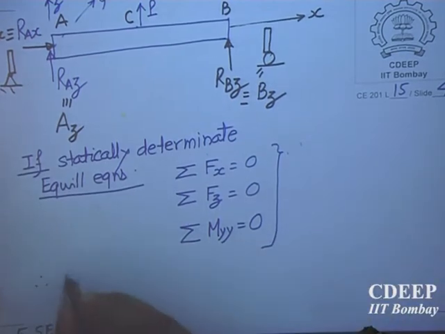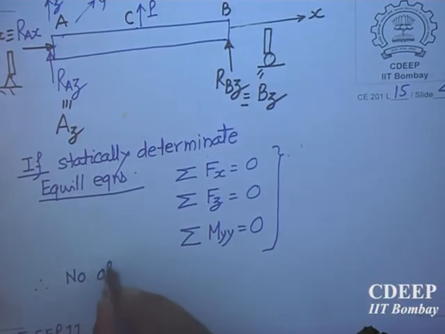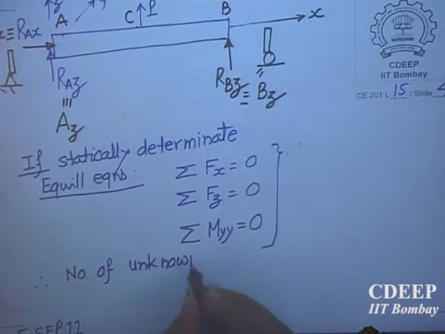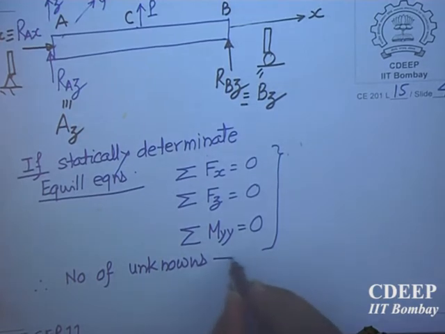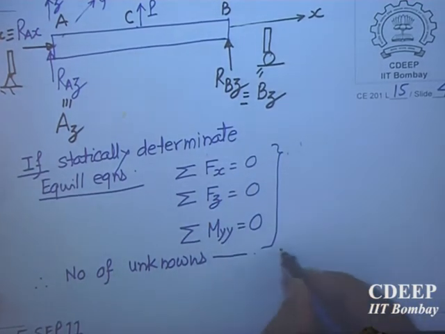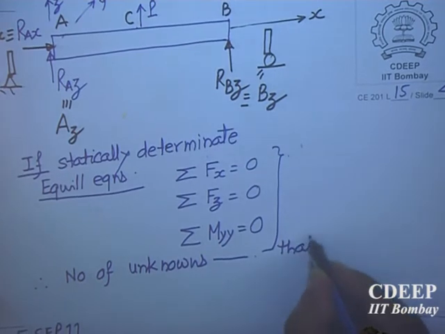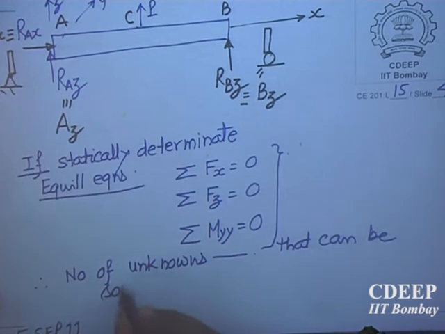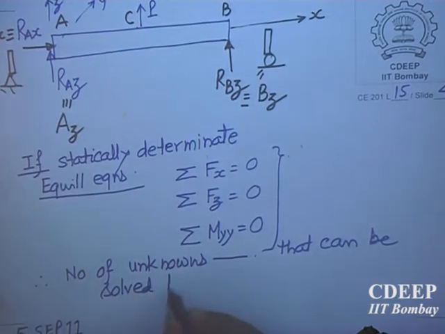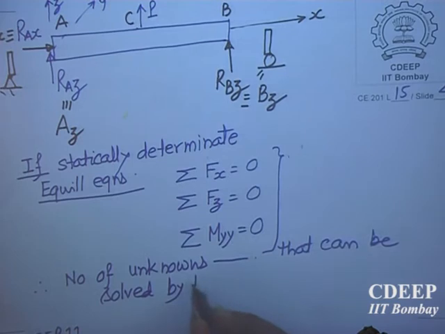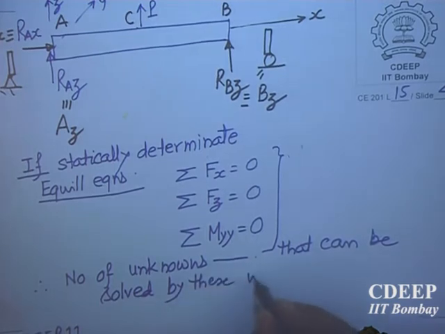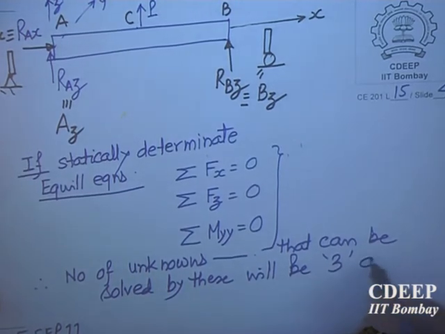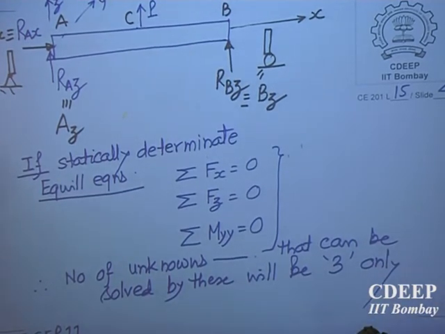Therefore, the number of unknowns that can be solved by this will be three only, not more than three.